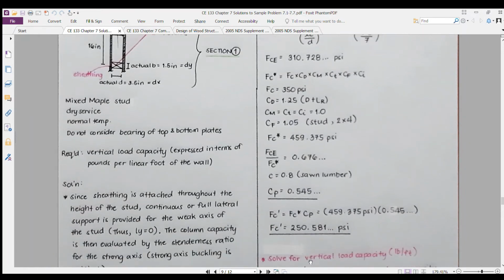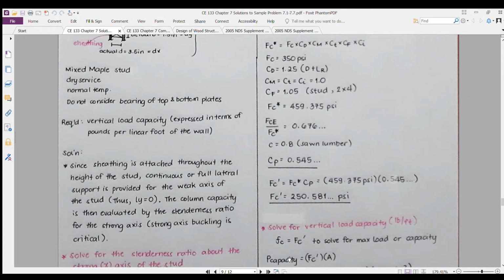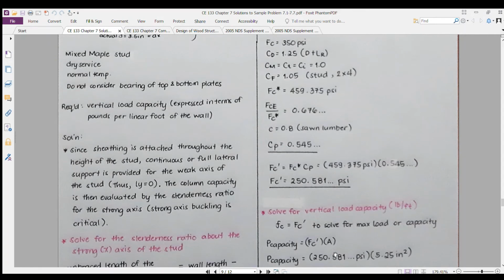So now we need to solve for the vertical load capacity in pounds per foot. So we're gonna equate the actual compressive stress to the maximum allowable compressive stress to solve for the max load or the capacity of the studs. So compressive capacity is equal to F sub C prime multiplied by A. So we have here 250.581 multiplied by 5.25 square inches.